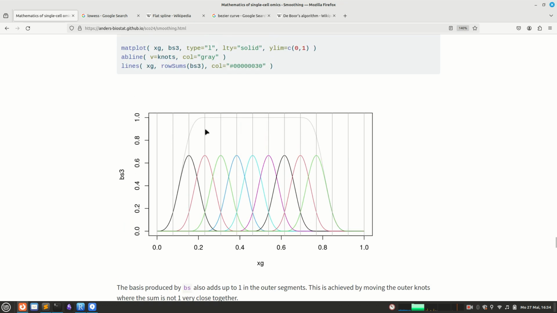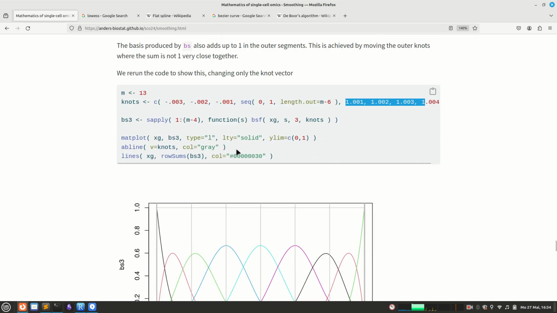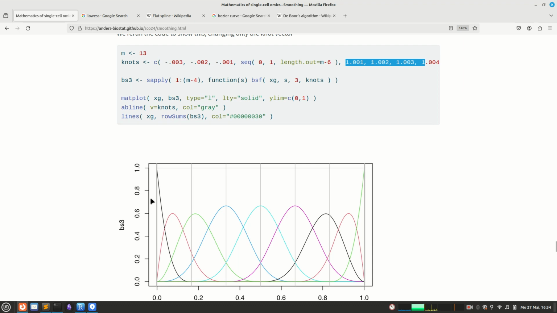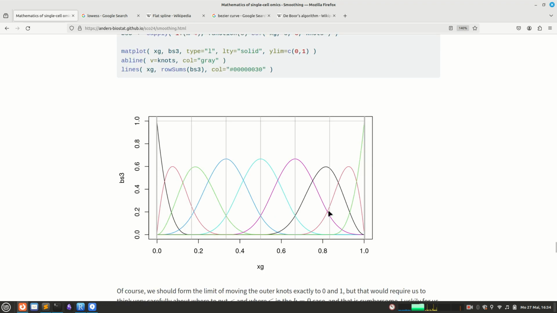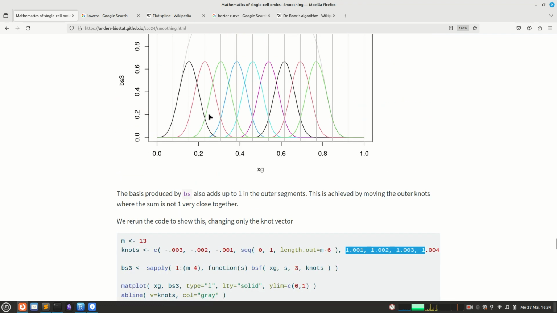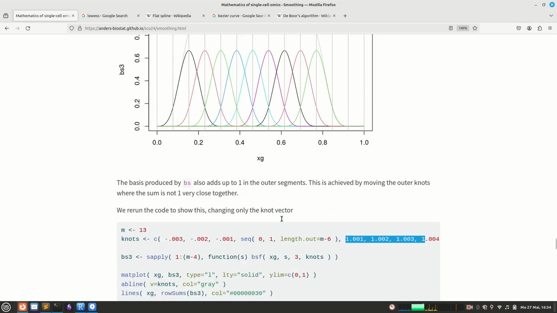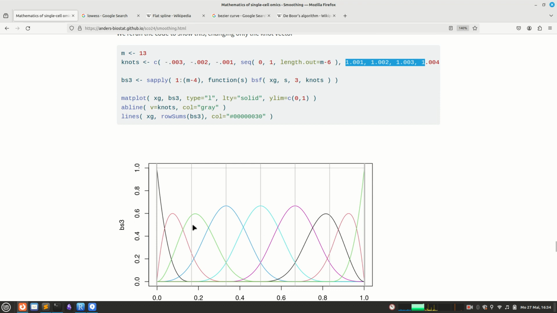So you see here, I spread out the outer levels to make them farther, and here there are 3 lines on top of each other. And when I do this, then I switch from this upper curve to the lower curve down there. And this is exactly how we get from this curve, which adds up to 1 only in the middle, to that curve, which adds up to 1 everywhere, by pushing together the parts where it doesn't add up to 1.